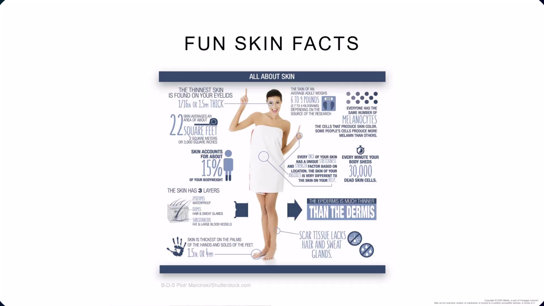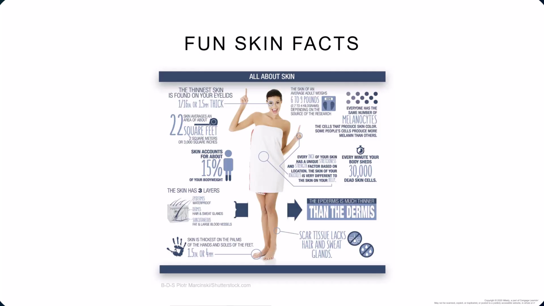The thinnest skin is found on your eyelids, which is 1/16 inch or 1.5 millimeters thick. Skin averages an area of about 22 square feet or 2 square meters or 3,000 square inches. The skin accounts for about 15% of your body weight.